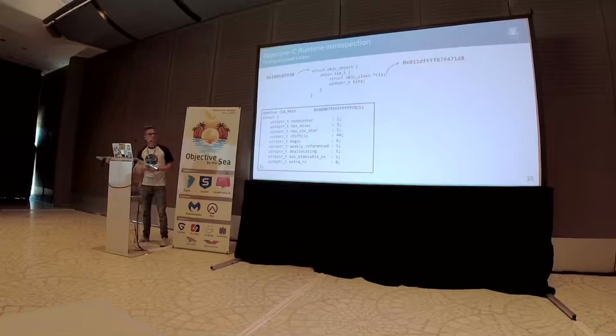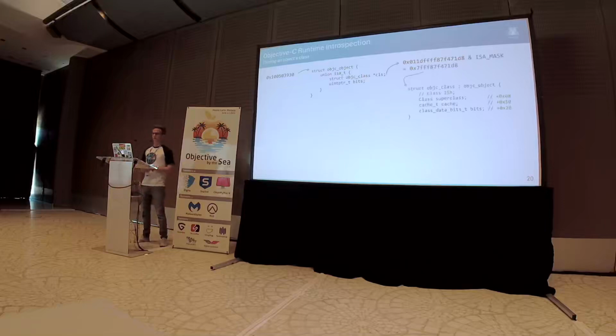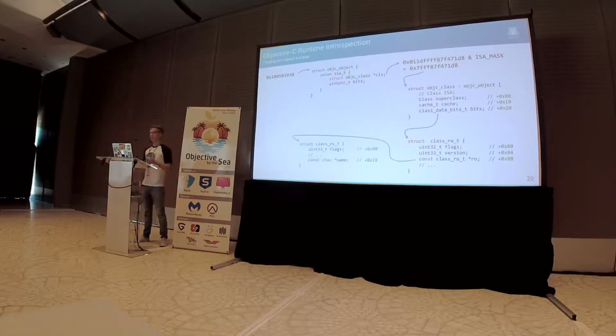So if you want to get the actual pointer to the class struct, you need to apply a mask, and then this points to a struct objc_class, which also inherits from object, so it also has the ISA pointer, but most importantly, it also has a pointer to a class read-write struct. And this read-write struct has a pointer to a read-only struct, and this read-only struct has a pointer to a string.